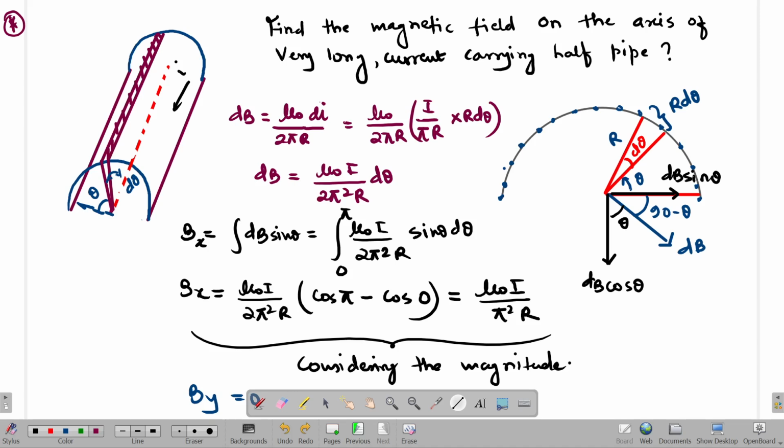So my plan is that some parts of EMI, electromagnetic induction, I will do with this chapter only, okay? Some parts, because ultimately those things are required over here only.